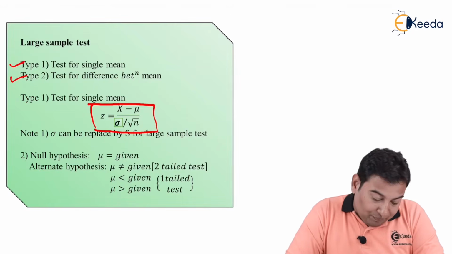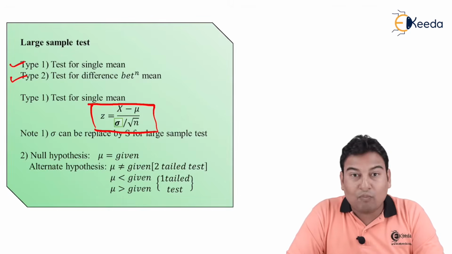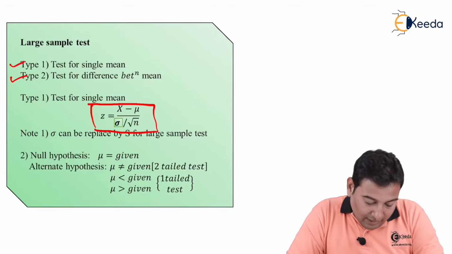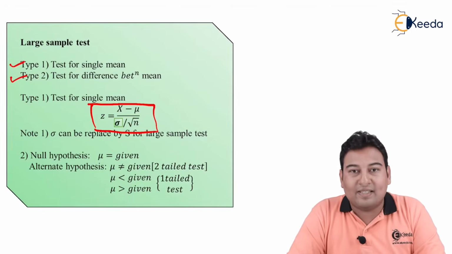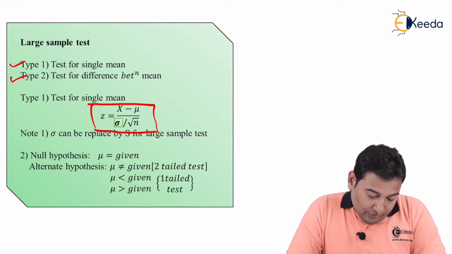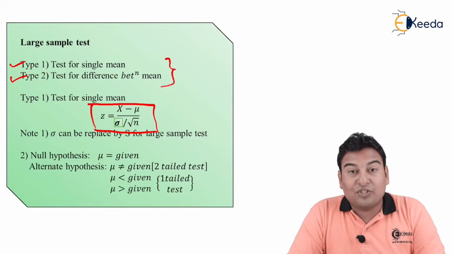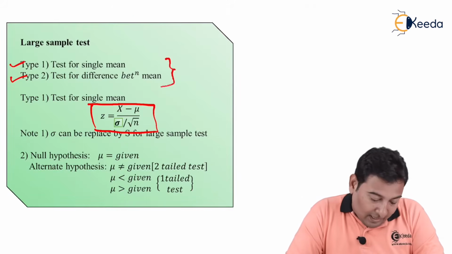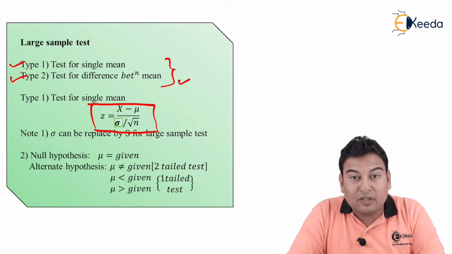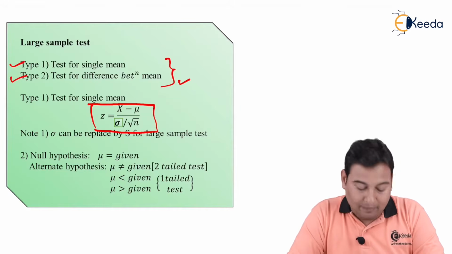In this formula, x bar is your sample mean, mu is your population mean, sigma is your standard deviation, and n is your sample size. As the name suggests, in test for single mean there will be only one mean, and in type 2, test for difference between means, there will be two means.